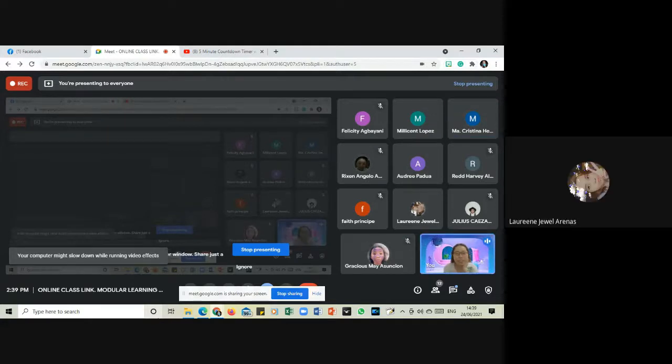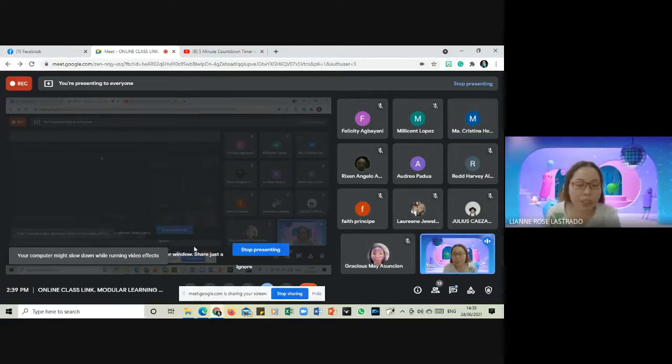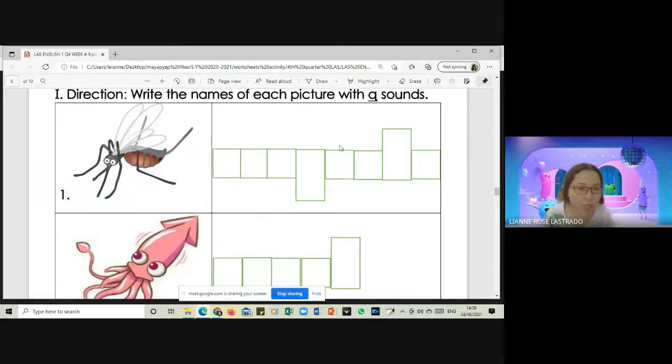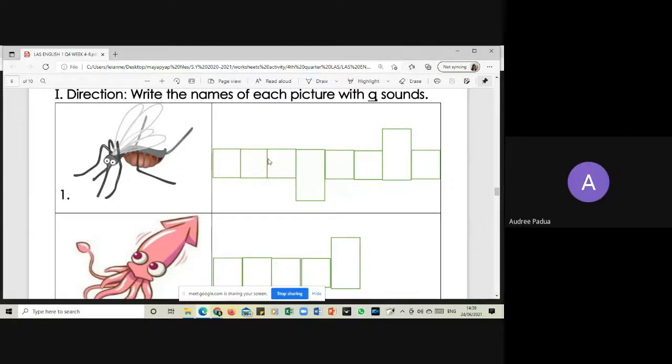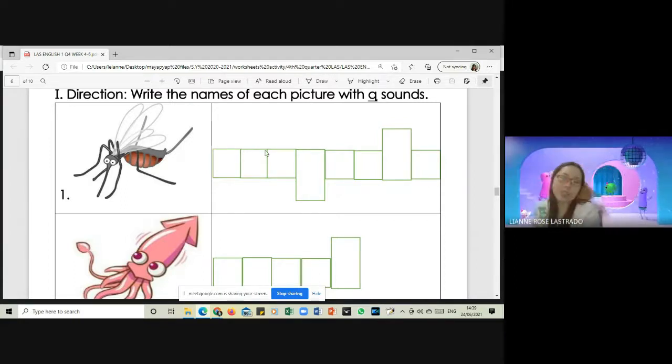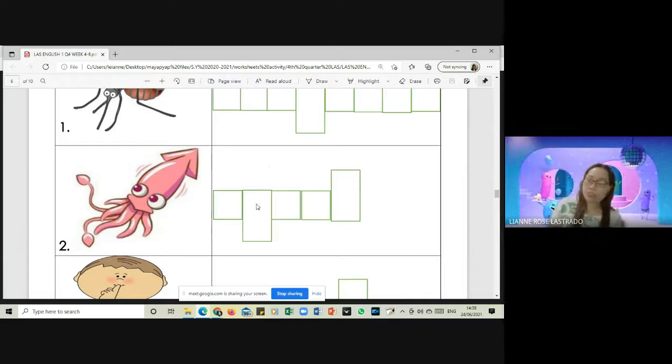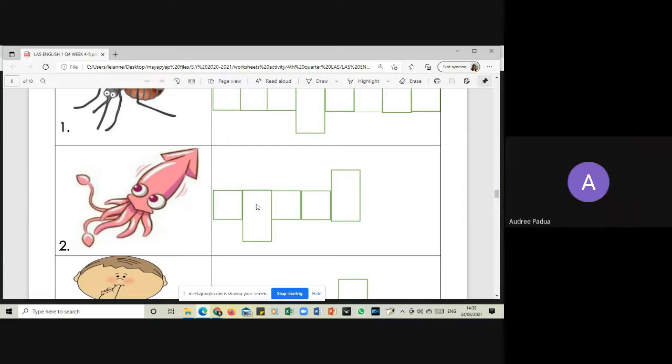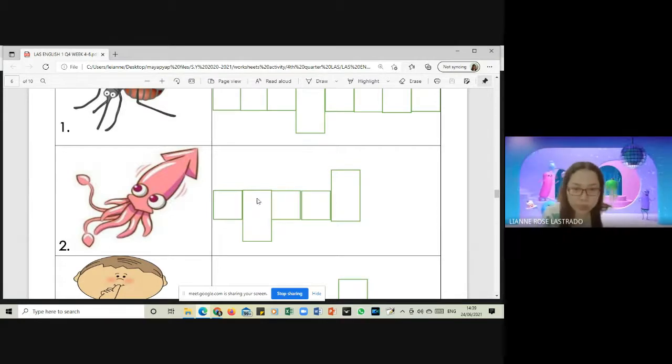Okay, very good. Now let's answer the following activities here. Okay, number one. What animal or insect is this? Mosquito. Very good. It's a mosquito. How about number two? Squid. It's a squid.